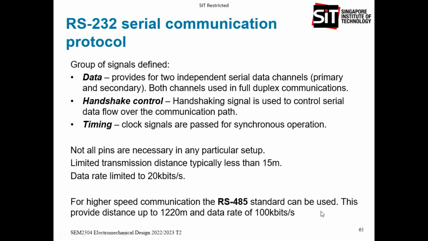The standard baud rate for this UART is 9,600 bits per second, so it's 9.6 kilobits per second, but it can go up to 100 kilobits per second. With the RS-485 standard, you can go up to about 1 kilometer in terms of distance.